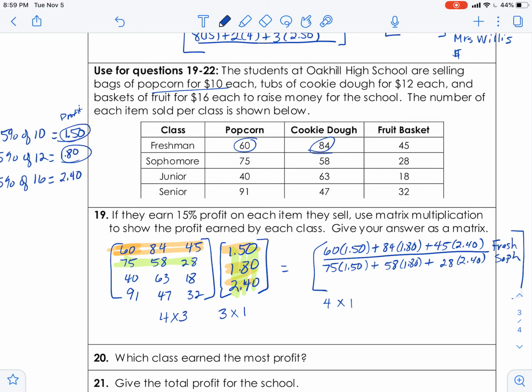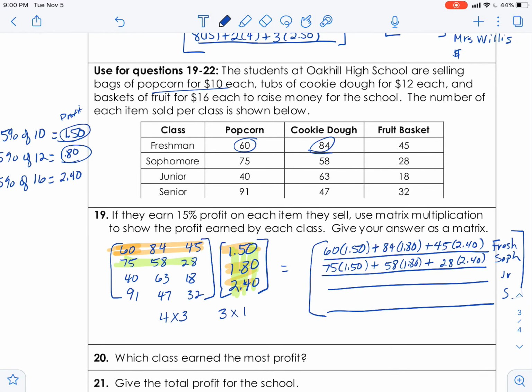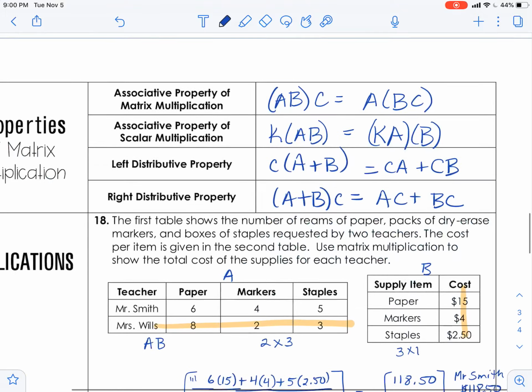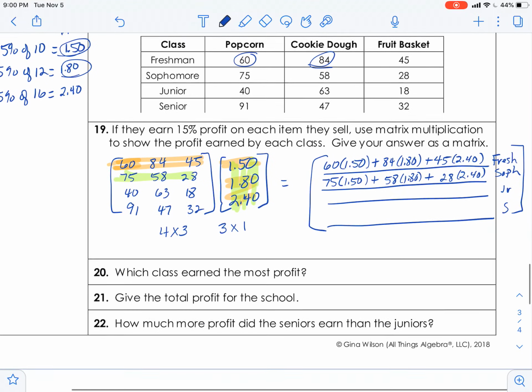Does that make sense? And then you're going to need to figure out for juniors, and I didn't make my matrix big enough, and then you're going to need to do seniors.